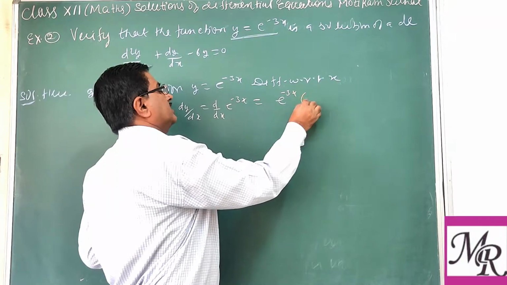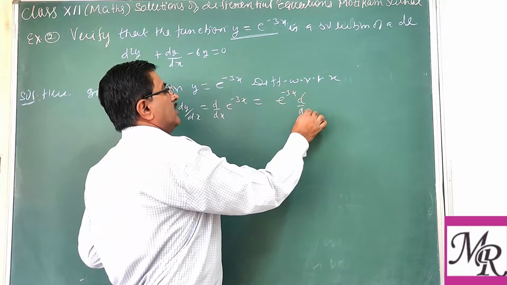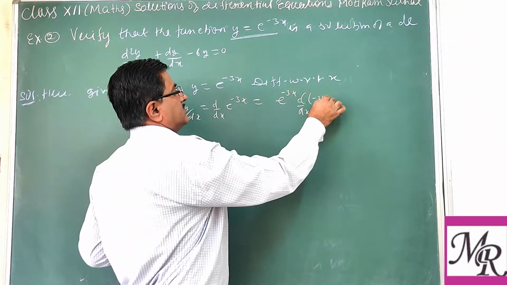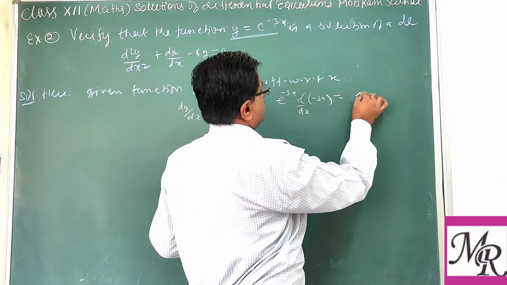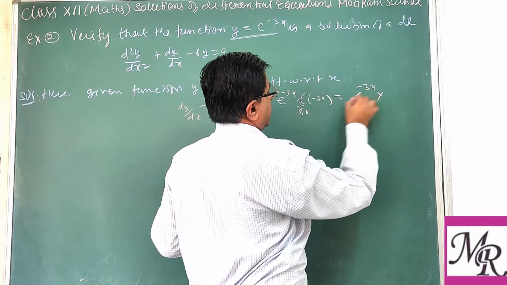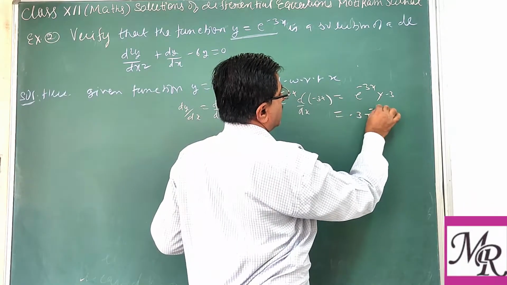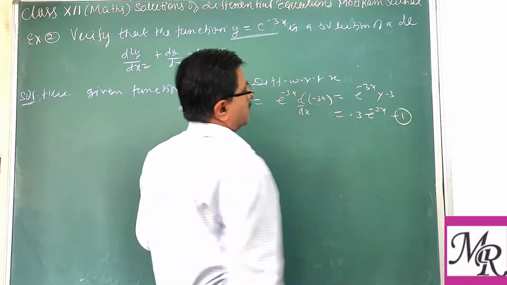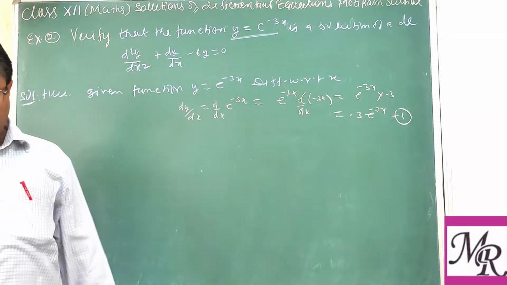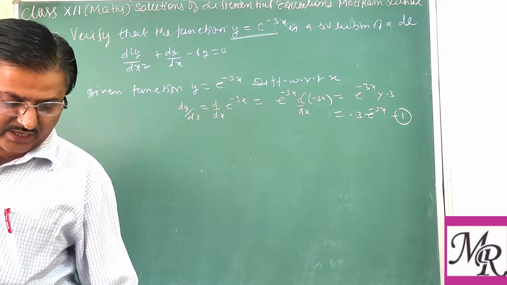Then again we take the derivative of the exponent, minus 3x, which is minus 3. So finally you get minus 3 e power minus 3x as the derivative.